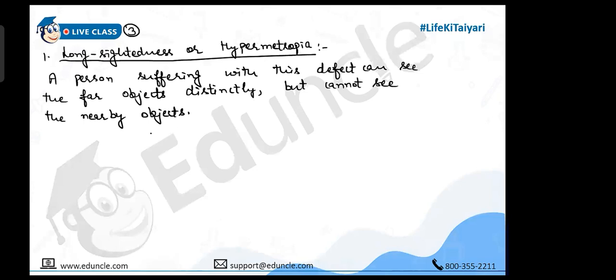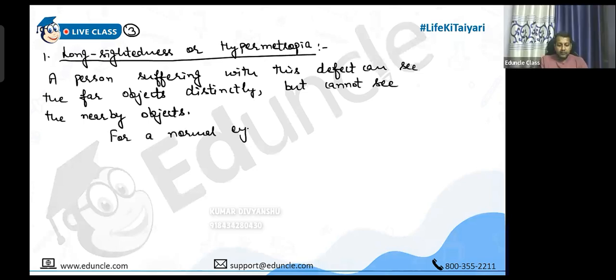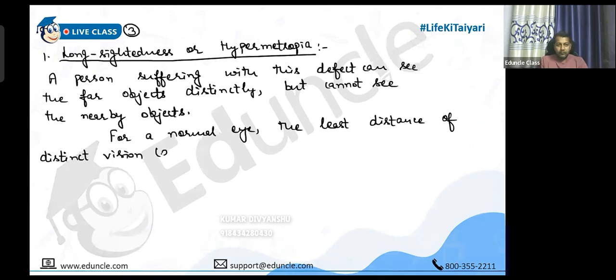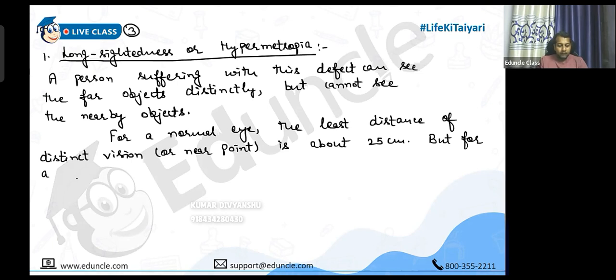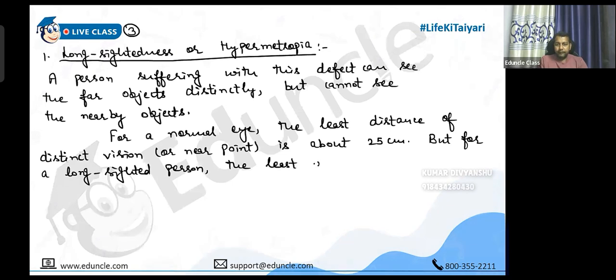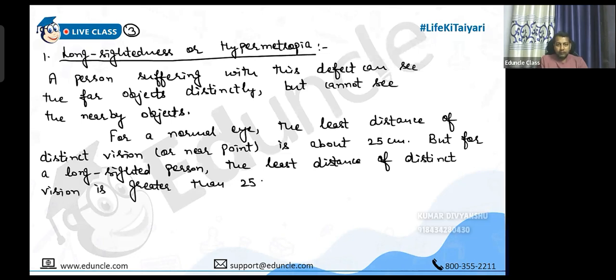Okay. For a normal eye, the near point is 25 centimeters, but in this defect it may be 30, 35, 40, depending upon the defect.